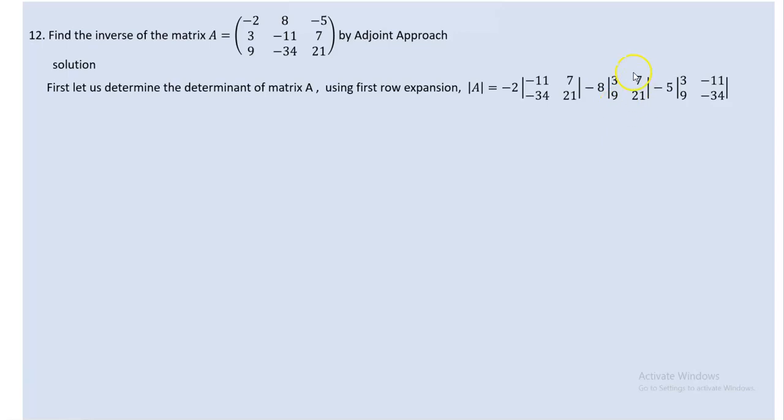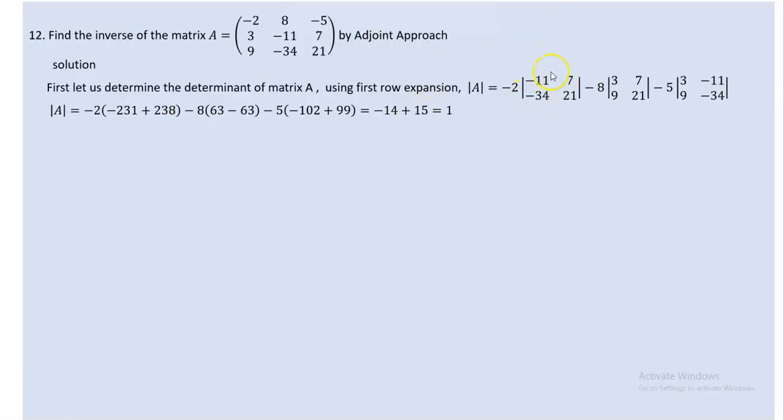And finally, since the sign is positive for negative 5, so it is negative 5, delete the first row and the third column. So you are left with 3, negative 11, 9, and minus 34. So students, the determinant of these three 2 by 2 matrices enables us to find the determinant of matrix A. Here I just have written them as you see.